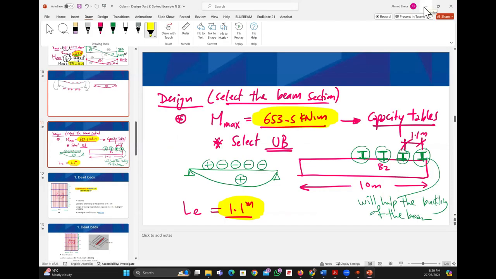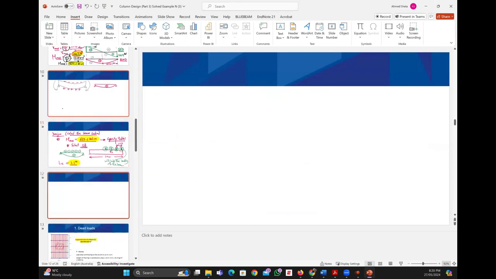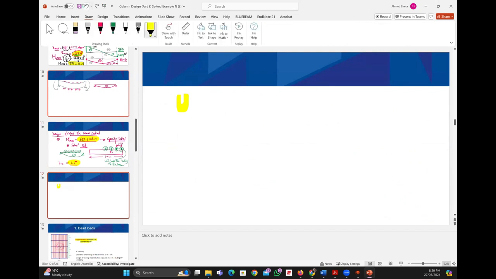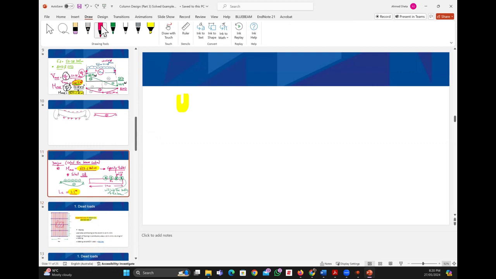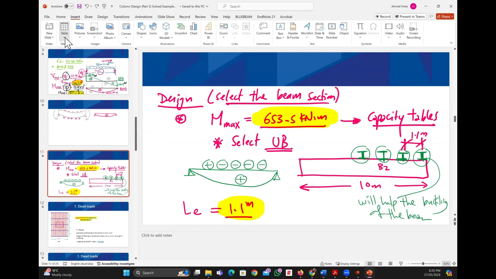So for this example, using the tables, do you have any questions up to now? No, all good.